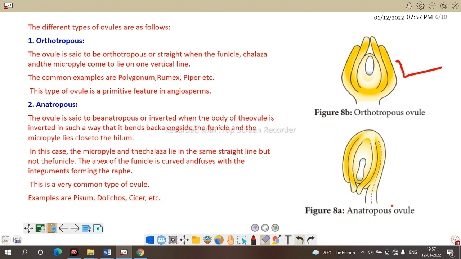In orthotropous, funicle, micropyle and chalaza are all in a straight line, but in anatropous, the funicle does not lie in a straight line with micropyle and chalaza. It is a very common type of ovule, and examples are Physalis, Cicer, etc.